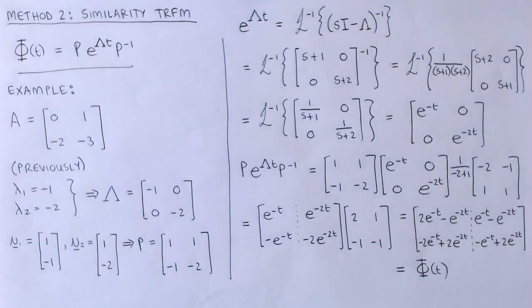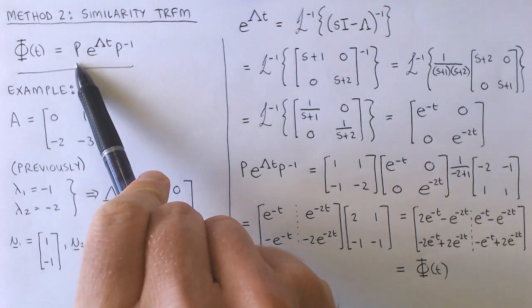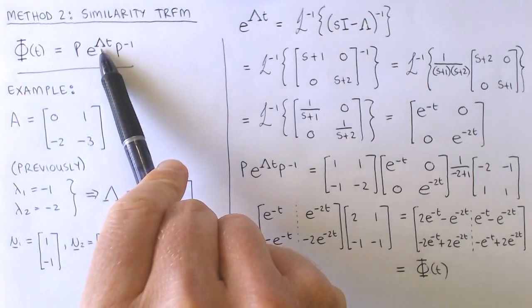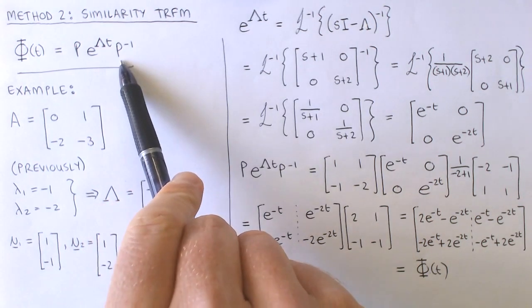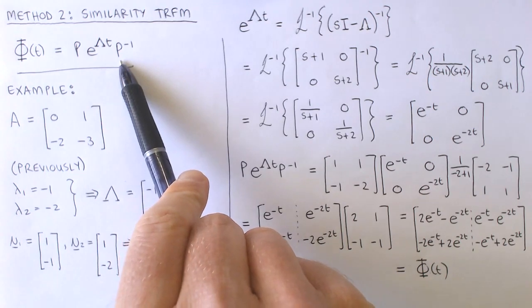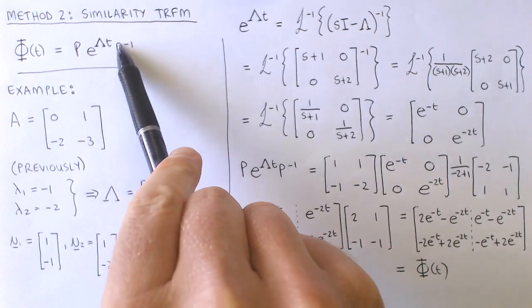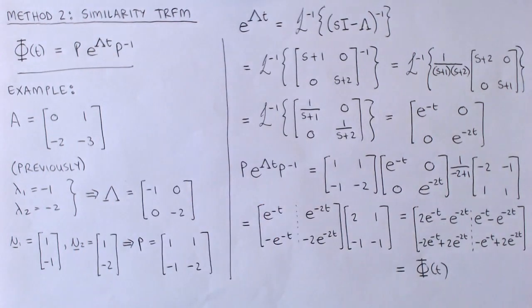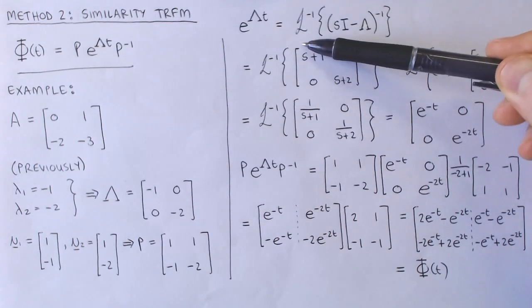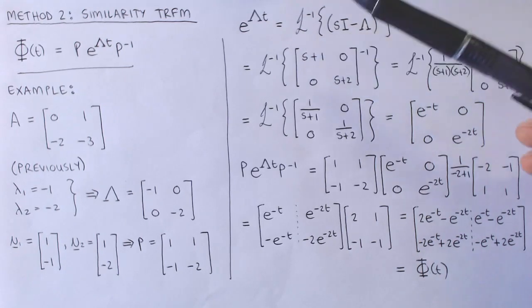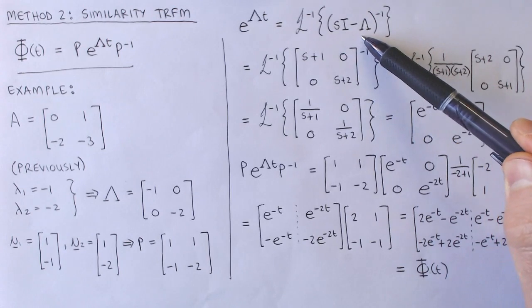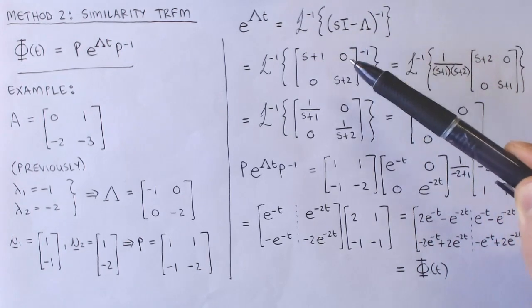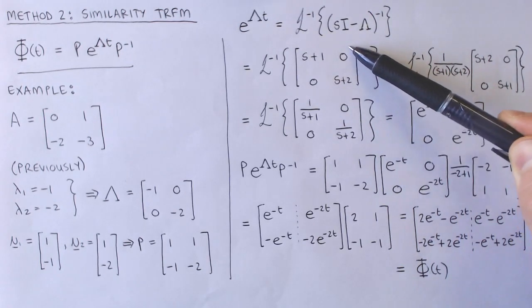Looking back at the method, we have P and lambda, and we can easily calculate the inverse of P. The problem is now to calculate the matrix exponential of lambda t. We do this by using the inverse Laplace transform method of the previous page. Matrix sI minus lambda is given by this matrix.